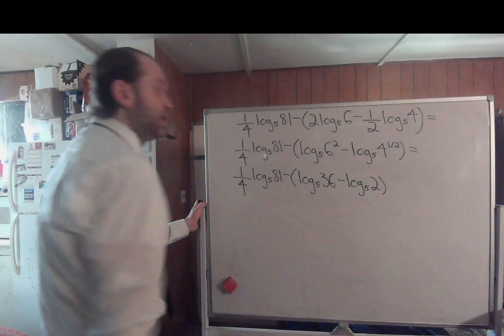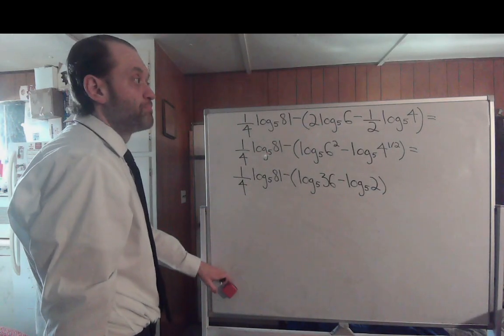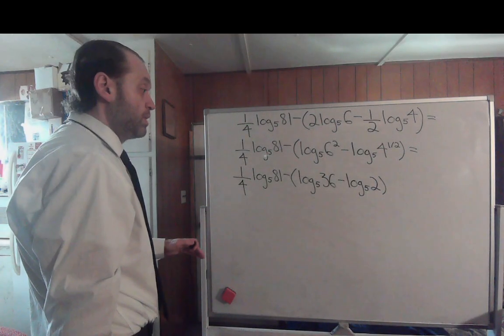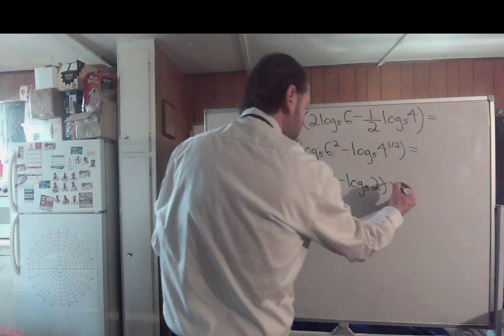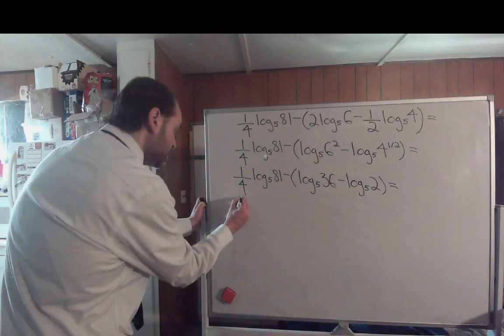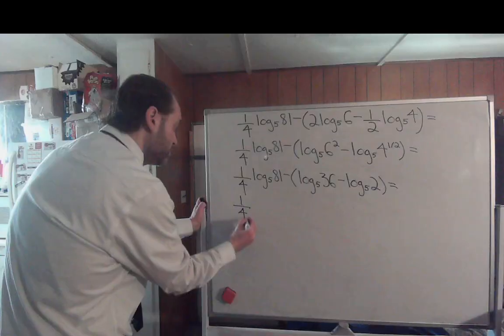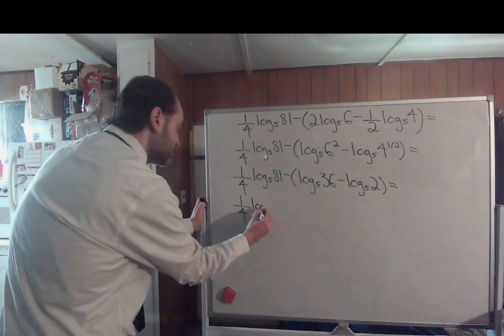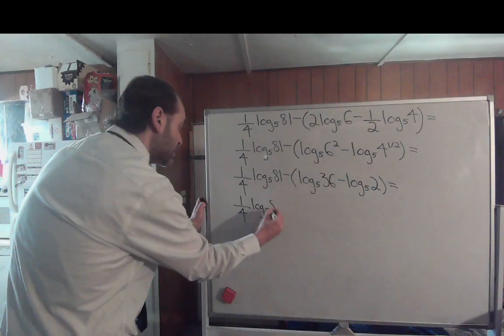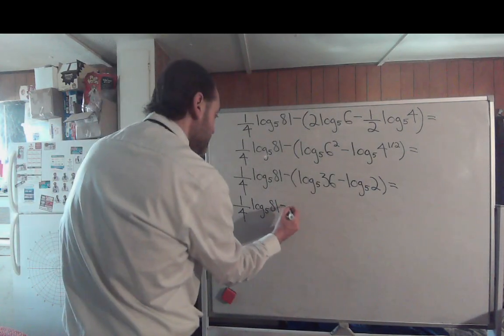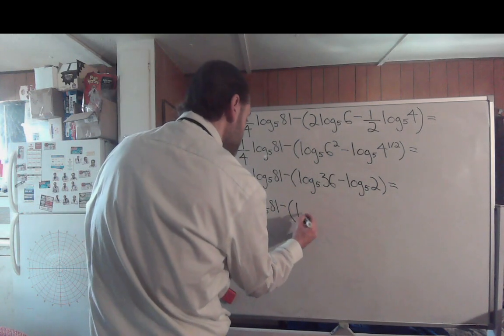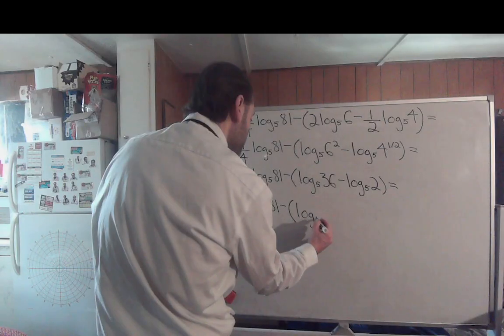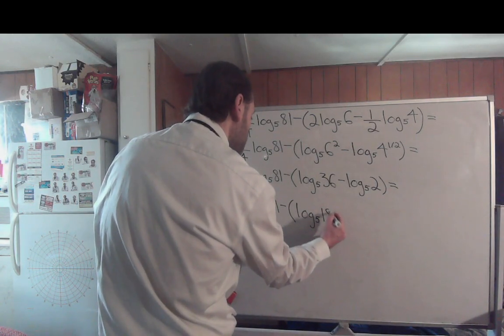So we've simplified this a little bit now. Okay, well, in the parentheses, you have a difference of 2 logs of the same base, so this is going to be the same as a quotient inside the parentheses. So log base 5 of 36 divided by 2 is simply log base 5 of 18.